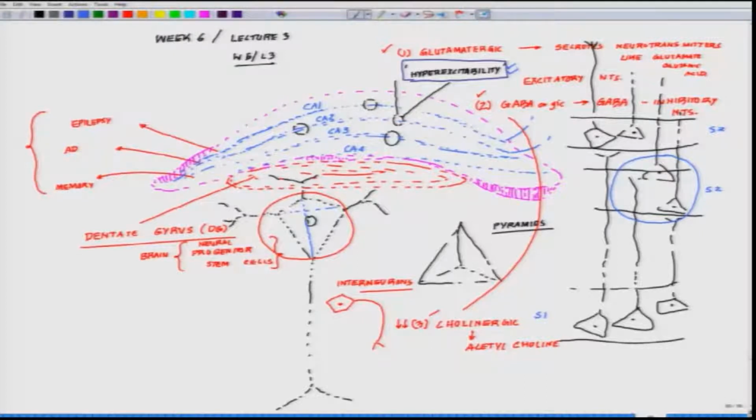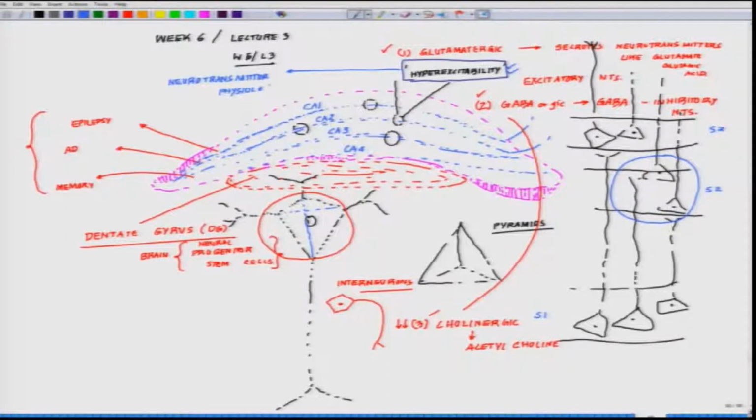Such patients have, in terms of the molecule, one of the possibilities of the pathology that they may have a defect in neurotransmitter release or neurotransmitter physiology.